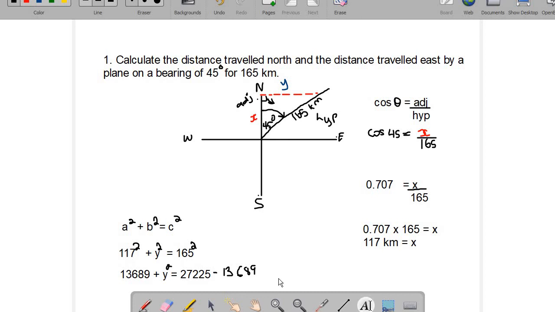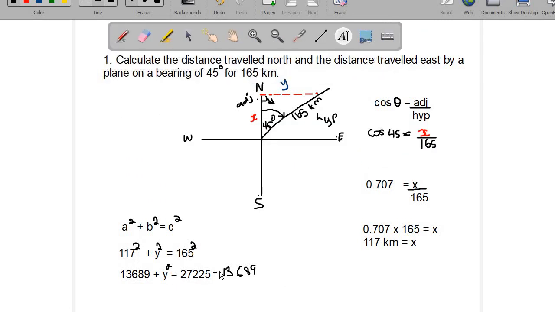So that means y squared is going to be equal to 27,225 minus 13,689. So this is y squared.